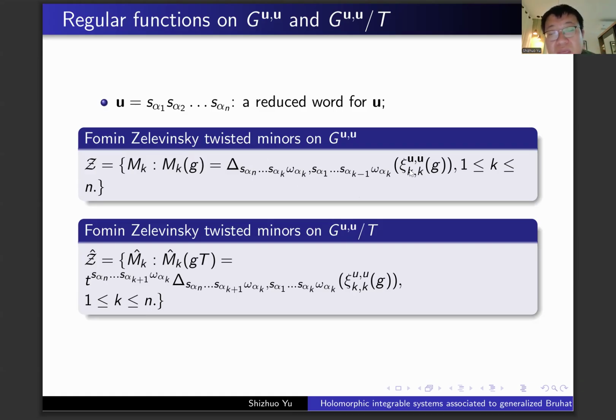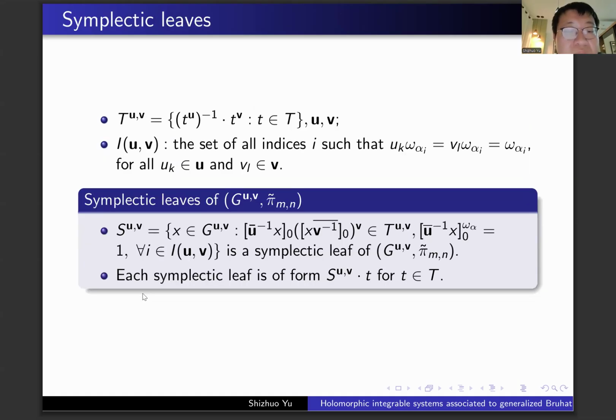We apply the generalized formula of the multiplication on G and apply the generalized maps to get a class of regular functions. And in the reduced case, we can also obtain this kind of regular functions here.